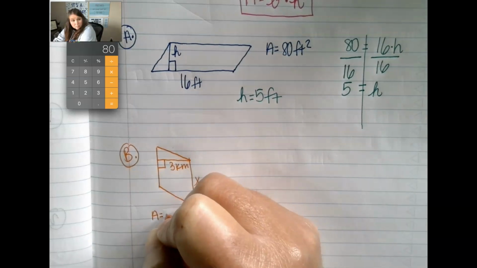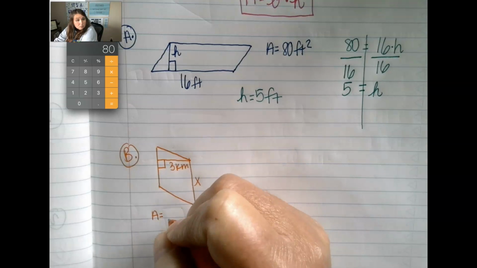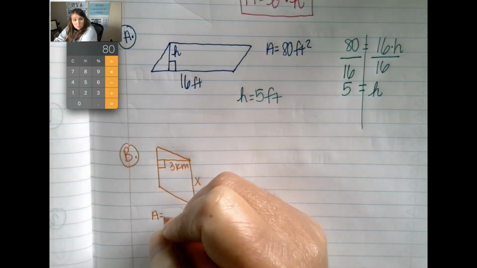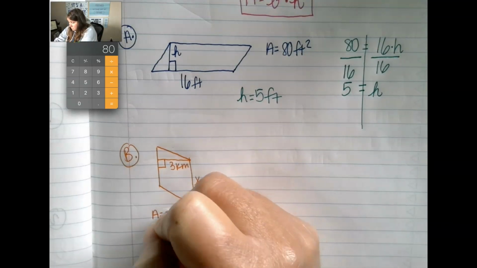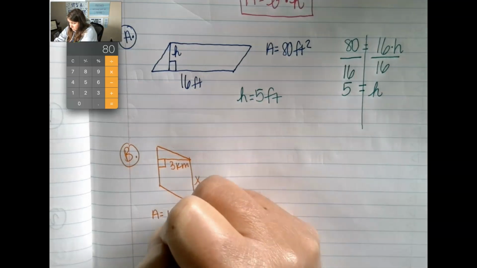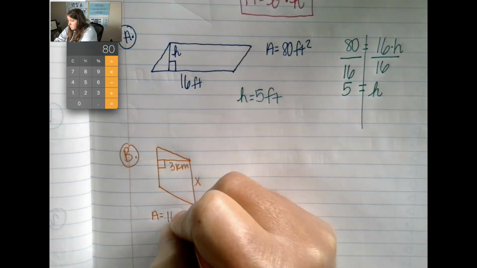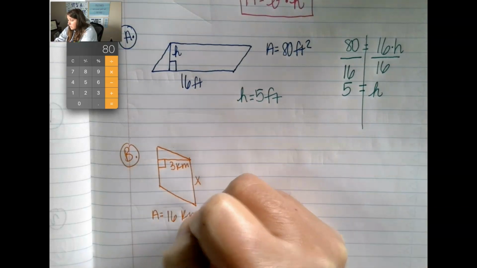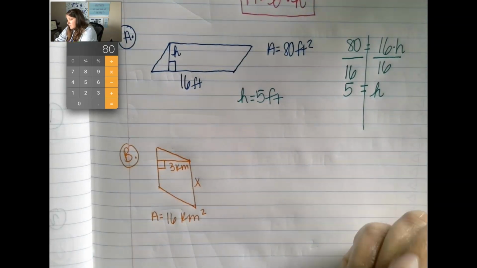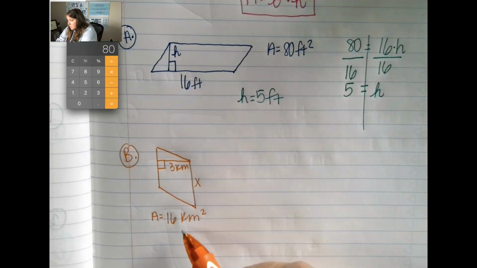equals 16 kilometers squared. Okay, so our job is to put in what we know. So we know that the area is 16.